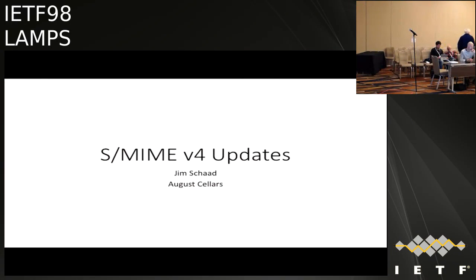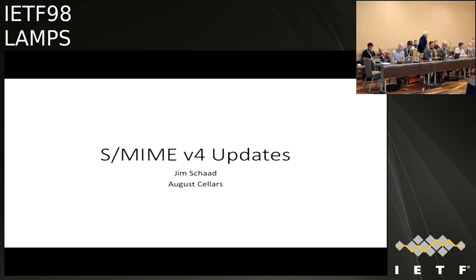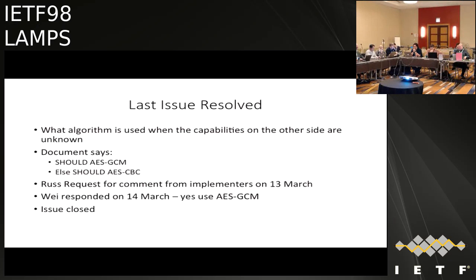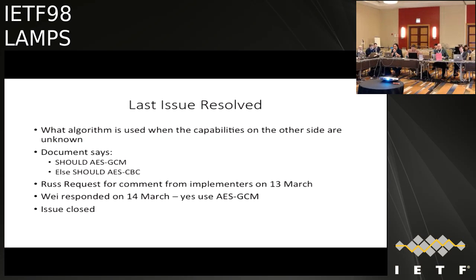Jim? Yes. So Russ and I have been trying to practice mental telepathy for the last 2 weeks and have been failing pretty well. We finally figured out what was going on this afternoon. So the last issue on the drafts that I have was the question of, I have no idea what you support for encryption capabilities, and I want to send you an encrypted message.